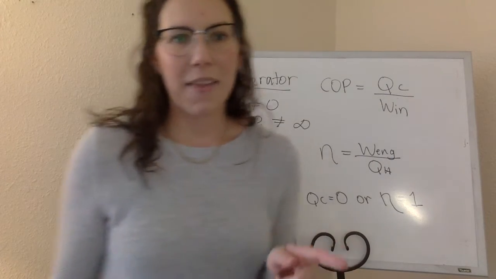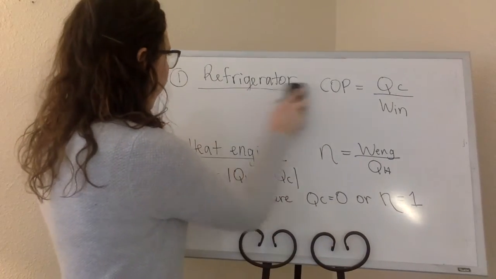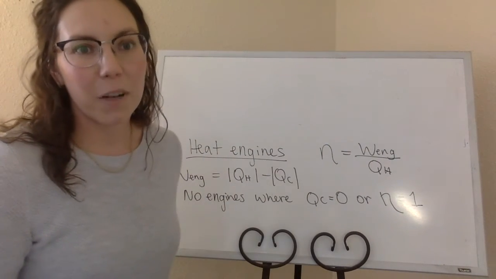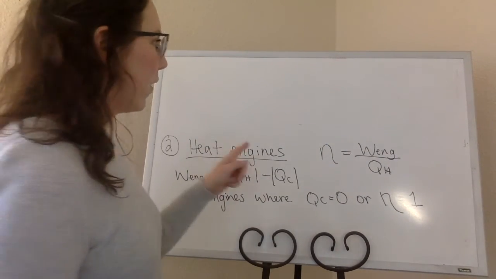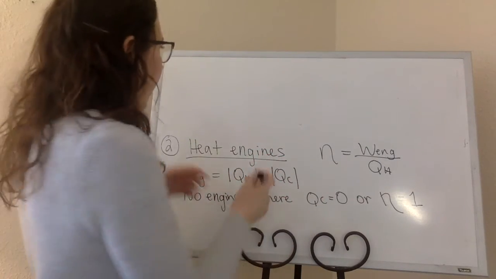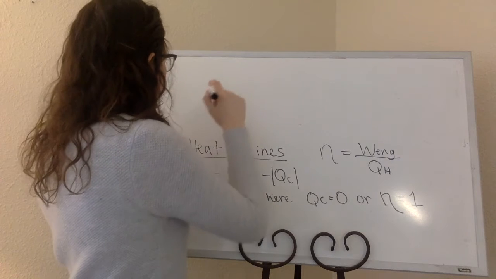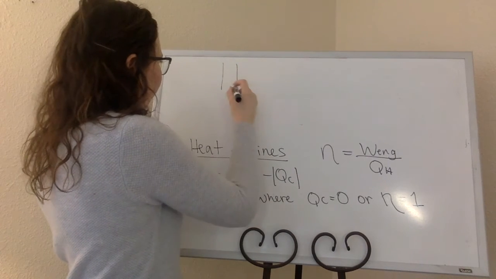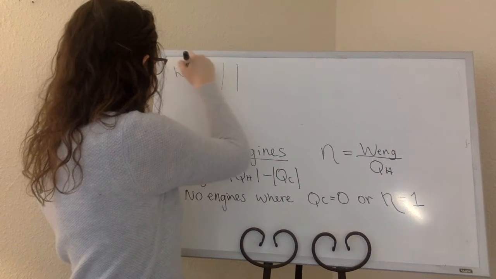So to understand why that's not possible, let's consider connecting this imaginary, perfectly ideal heat engine to a normal refrigerator. Not a perfectly efficient refrigerator, just a regular one. So this is the heat engine.